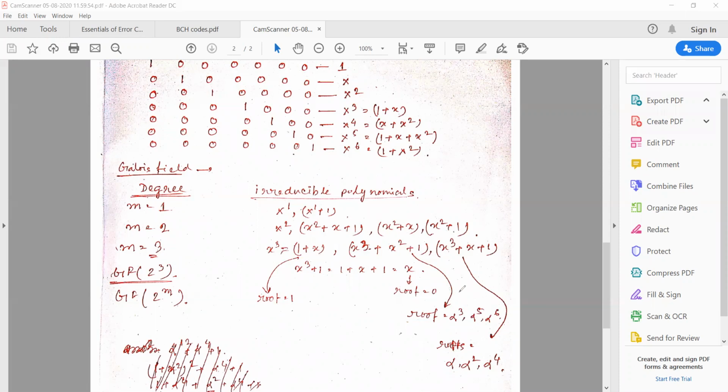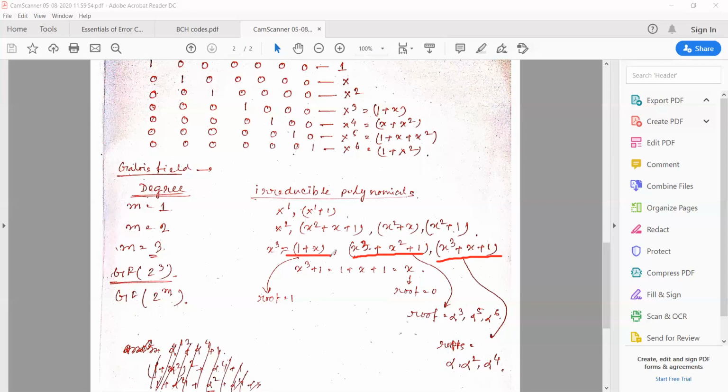That means from this table we can say these are the minimal polynomials of GF 2 to the power 3, and the elements are alpha cube, alpha to the power 5, alpha to the power 6, and for the other minimal polynomial the elements are alpha square and alpha to the power 4.